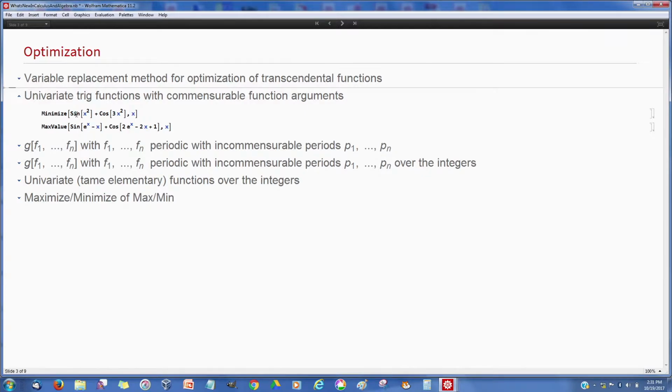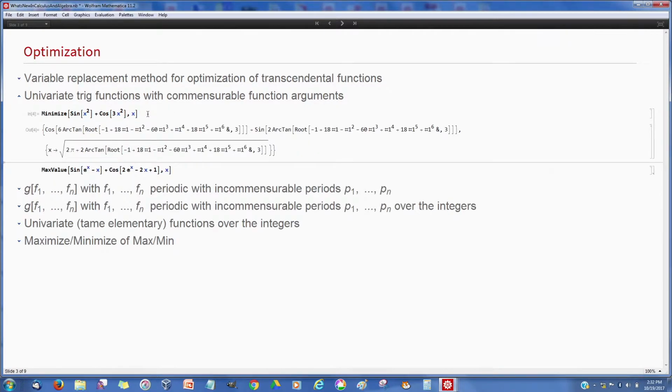So for instance, this is a trig function of something and a function of 3 times something. We can reduce it into one trig function of this argument and optimize in terms of this function over the range of the inner function. And this way we get the result of the optimization.